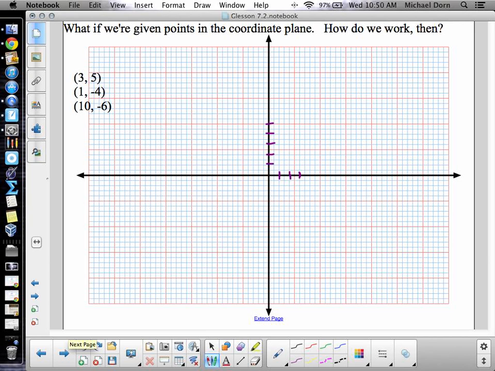So 3, 5 is right there. 1, negative 4. So 1, negative 1, negative 2, negative 3, negative 4. There's 1, negative 4. And 10, negative 6. 3, 4, 5. And 10 is going to be there. Negative 6, negative 4, negative 5, negative 6.